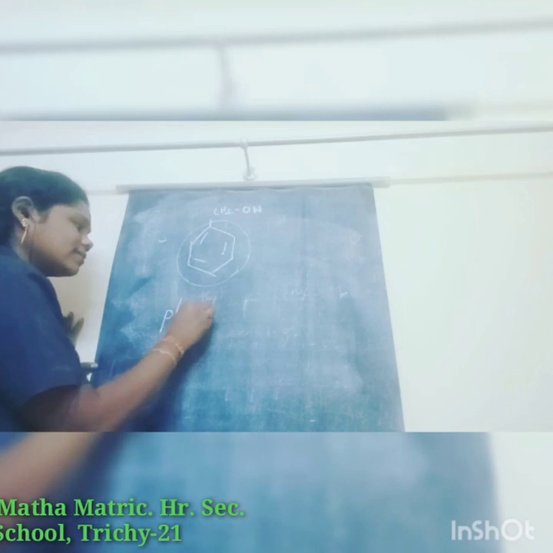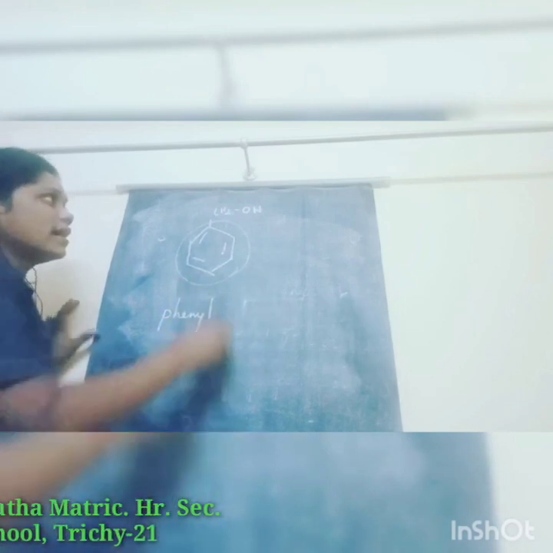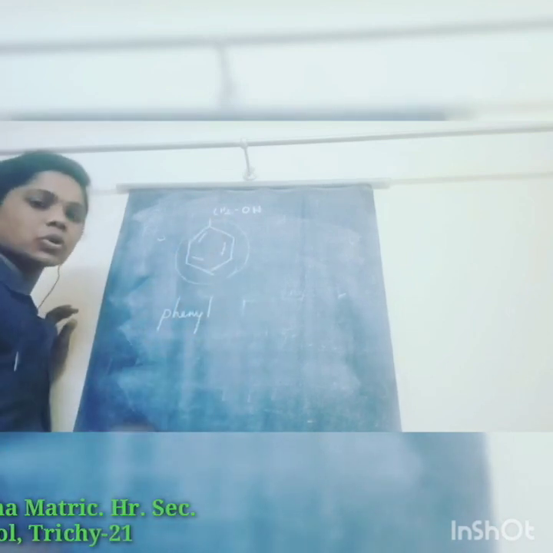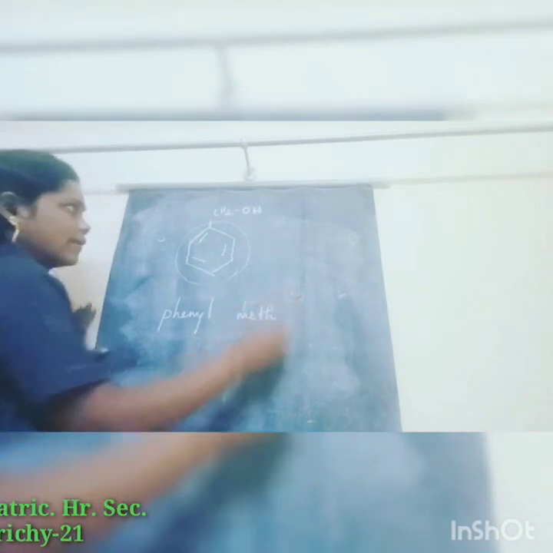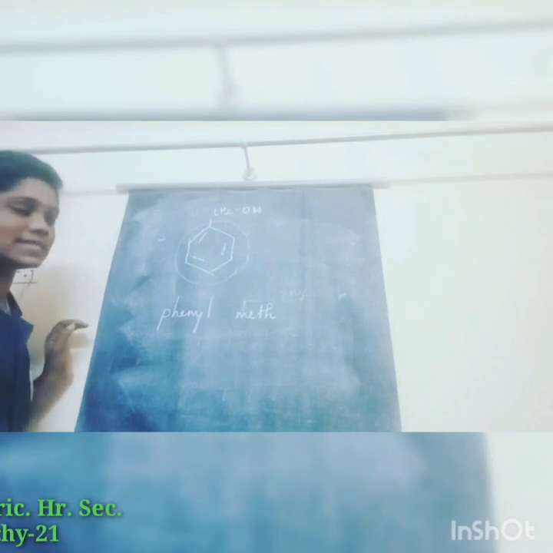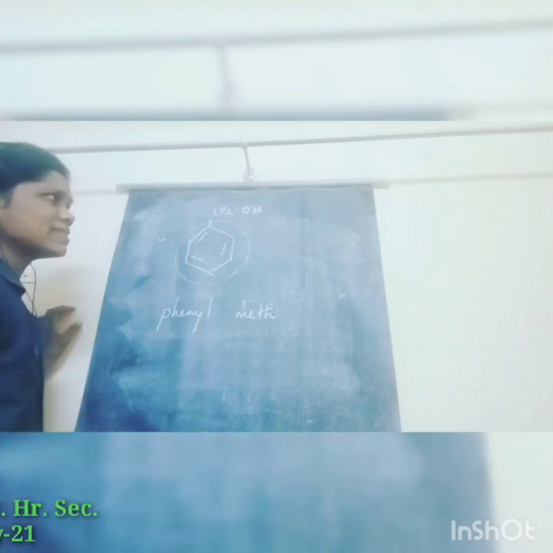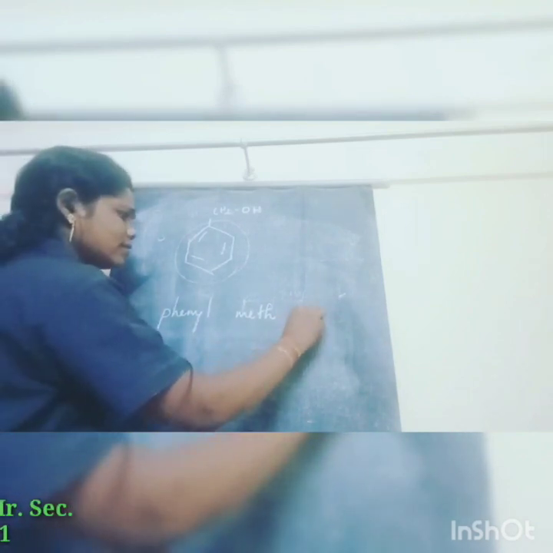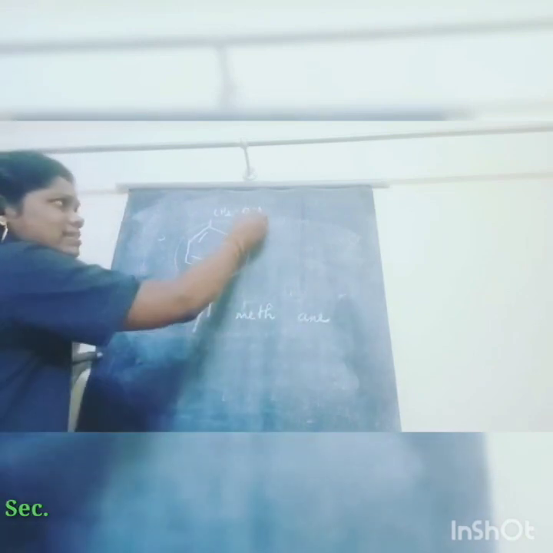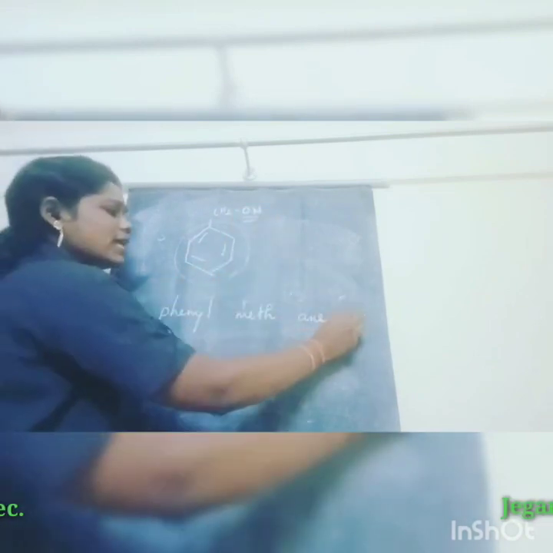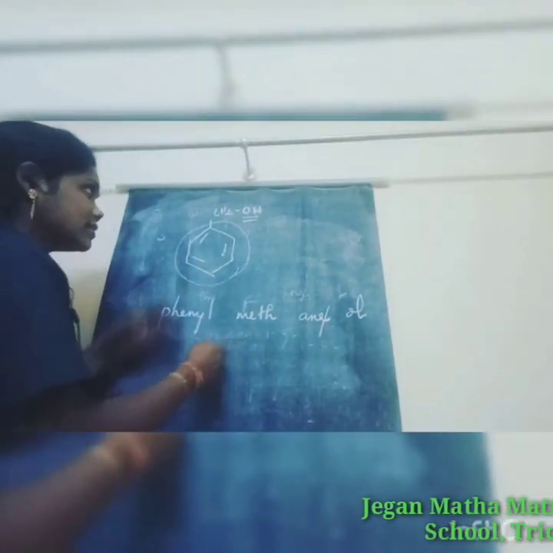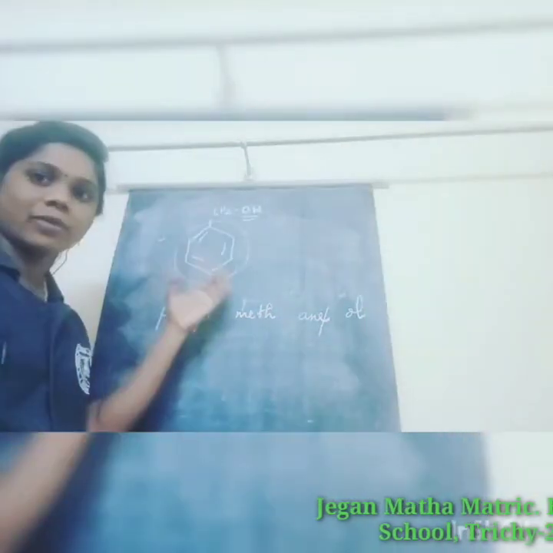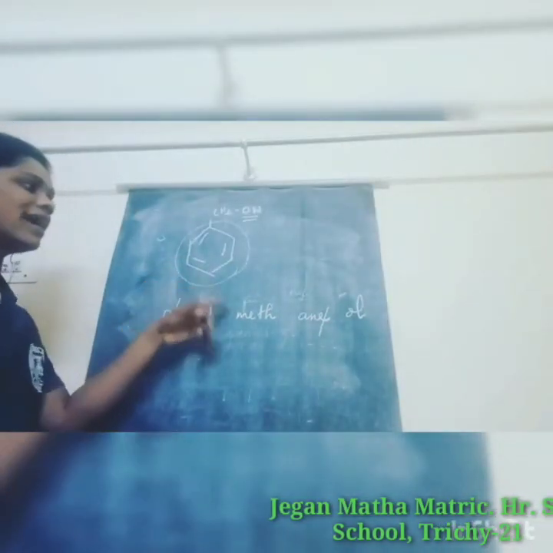Here only one carbon is present, so the root is meth. Then the alcohol group is present here and a single bond, so ane. The suffix for OH is OL, so remove E and add OL. So the IUPAC name for benzyl alcohol is phenylmethanol.